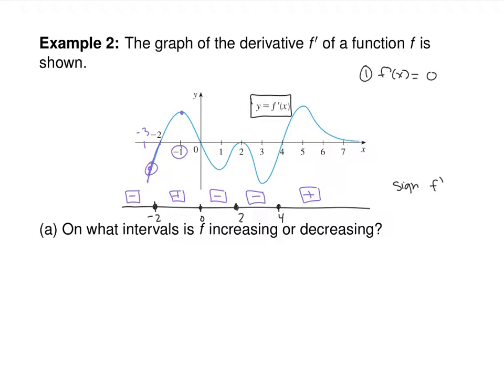So on what intervals is f increasing? On what intervals is f decreasing? So look at your sign chart. When is f increasing? -2 to 0, and then 4, and we're just going to assume this goes forever, so 4 to infinity. Okay.